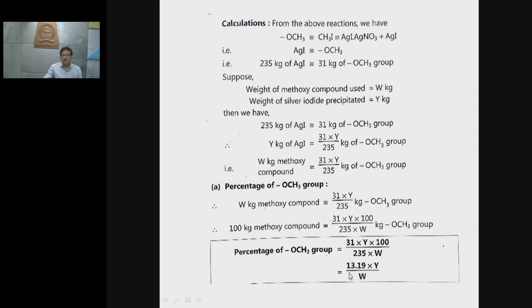It is simplified as 13.19 multiplied by Y divided by W. So when we put the weight of silver iodide, Y, and the weight of compound taken, W, the result is the percentage of OCH3 group.